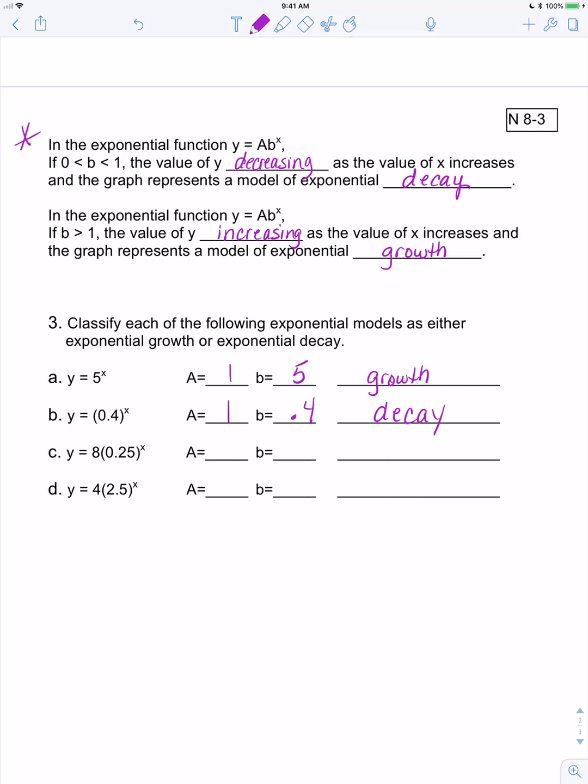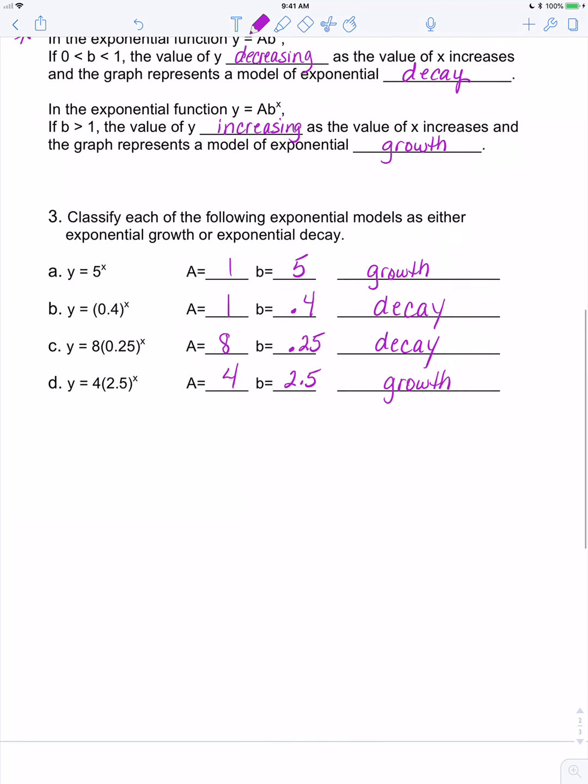Okay, in this example, A is the 8, B is the 0.25, which is less than 1, so it is decay. A is 4, B is 2.5, so that's greater than 1, so that is growth. And that is it.